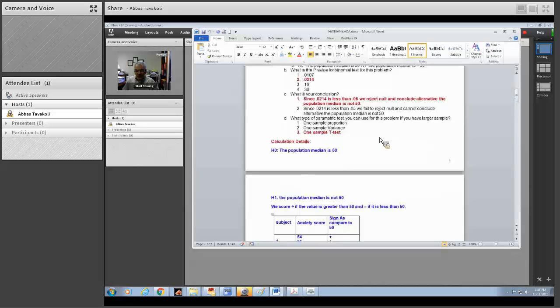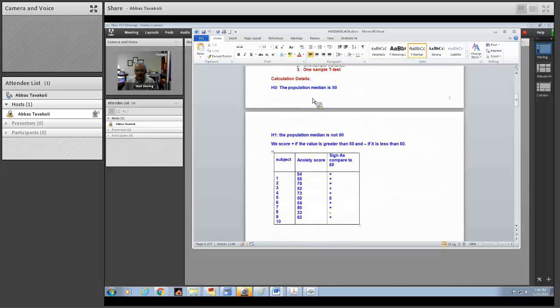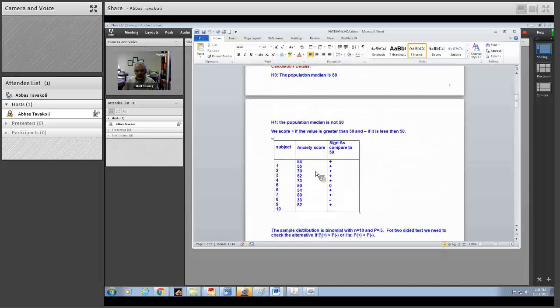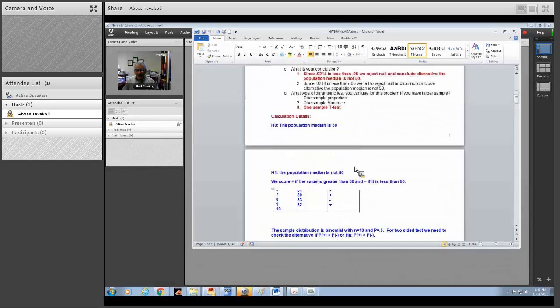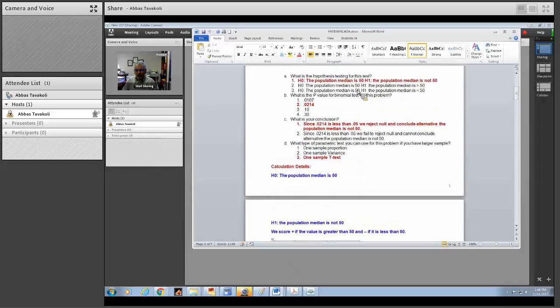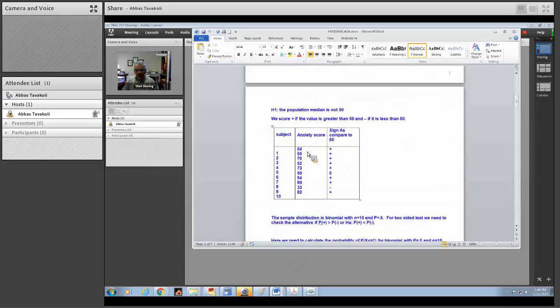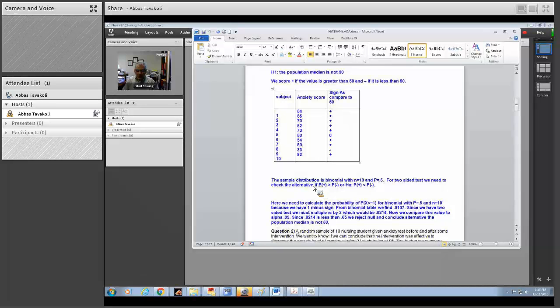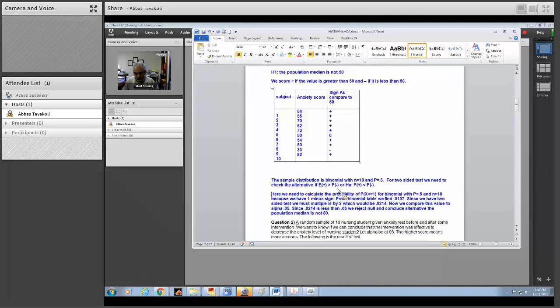So here, for the binomial test, you set up your hypothesis. Remember, we compare each value with the null value, which was 50. If the value is greater, you put a plus sign. If it's equal, you put 0. Otherwise, you put a negative sign. Because it was a two-sided test, we use the sample distribution binomial with n and p 0.5.